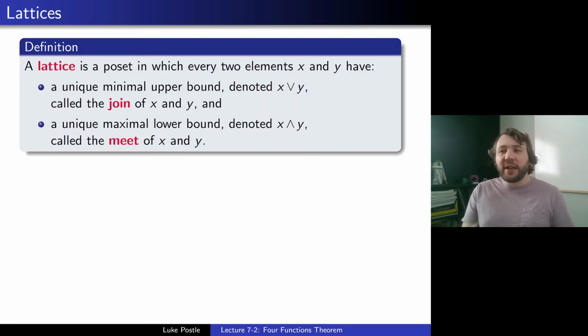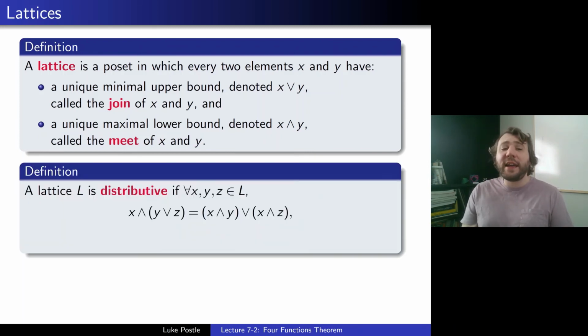So again, posets, partially ordered sets, where you get the transitivity properties, but we might have incomparable elements, and we have joins and meets. And then we say a lattice is distributive if for every x, y, and z, you can do this distribution of these operations.